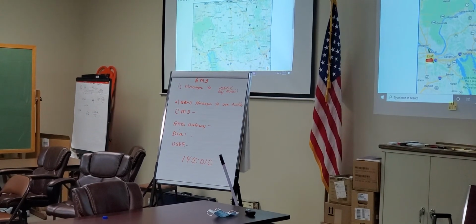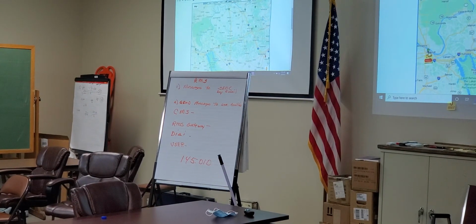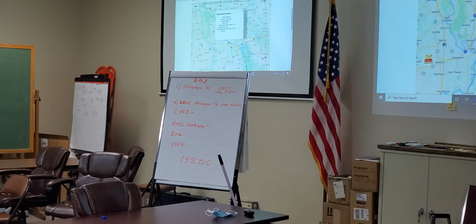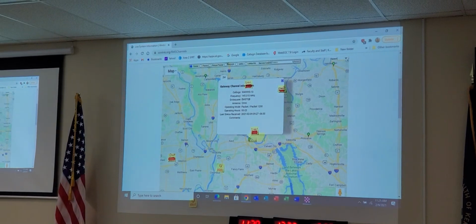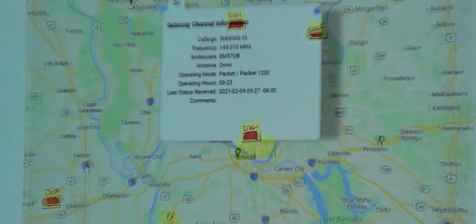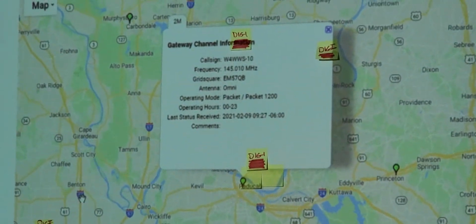Yeah. And he's actually not shown on here, so he must be down. It's 6:15. So if we hover over that, you're going to see that it's up on 010. It'll give the call sign, and it'll tell you the capabilities of that station, okay?